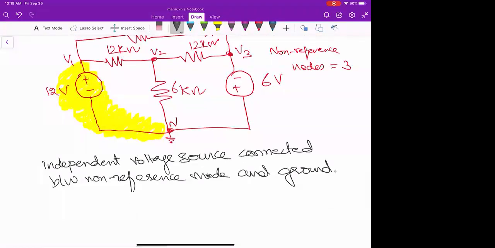So can I say that my V1 is 12 volts? Because it's a nodal equation, right?